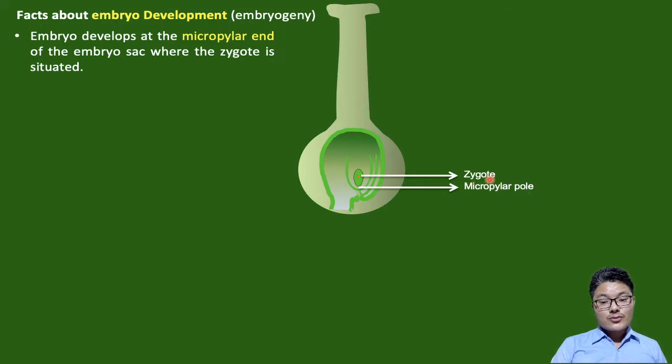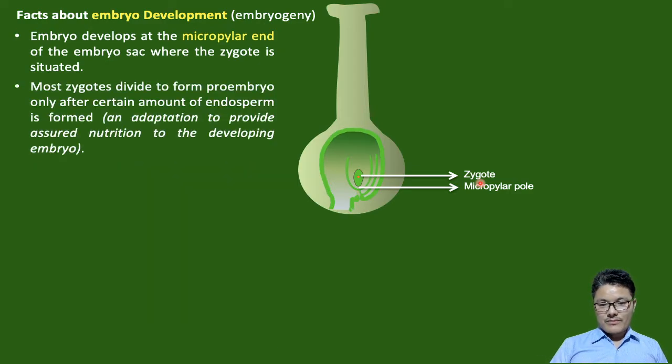Now, in order to develop zygote into embryo through process of mitosis, zygote requires nutrient, and the nutrients are provided by formed endosperm.